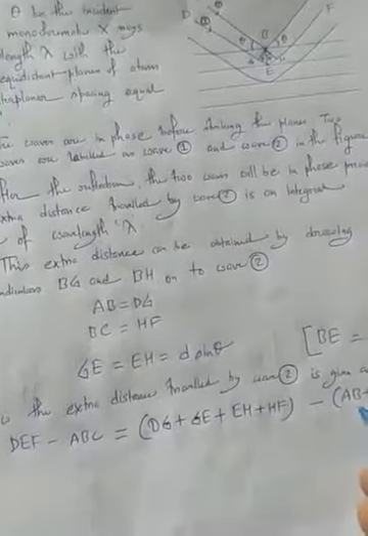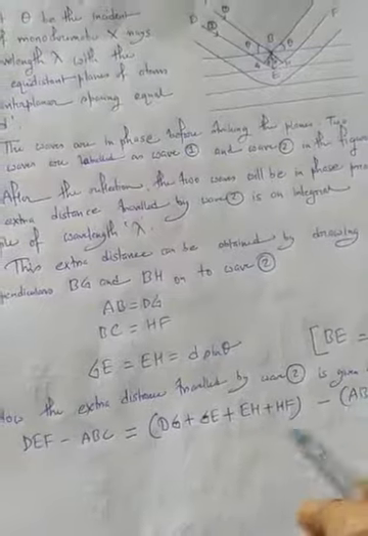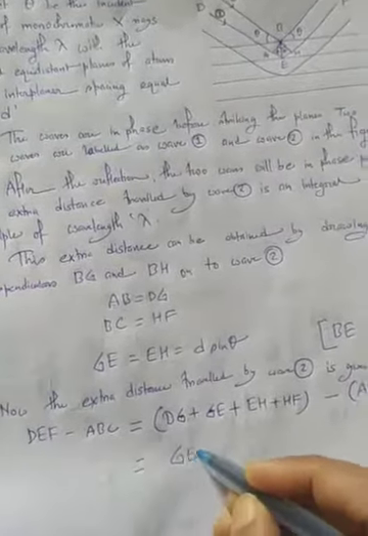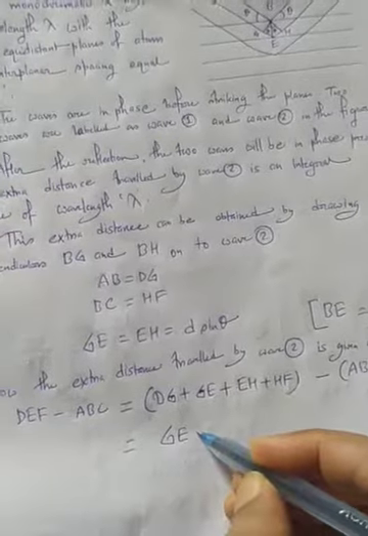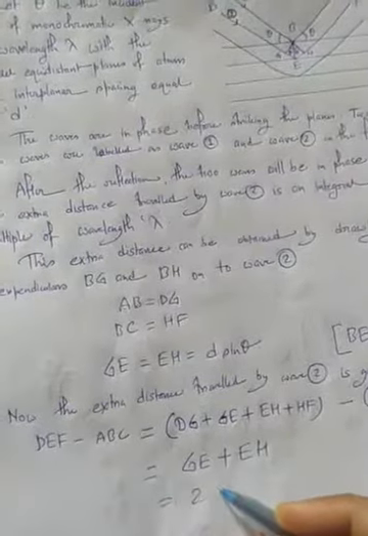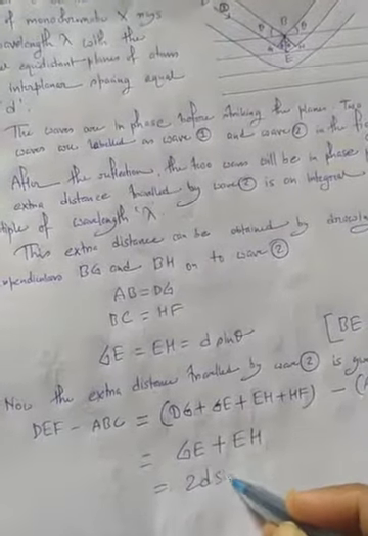ABC can be represented as AB plus BC. Since DG is equal to AB and BC is equal to HF, then it is GE plus EH. So this is equal to 2d sin theta.